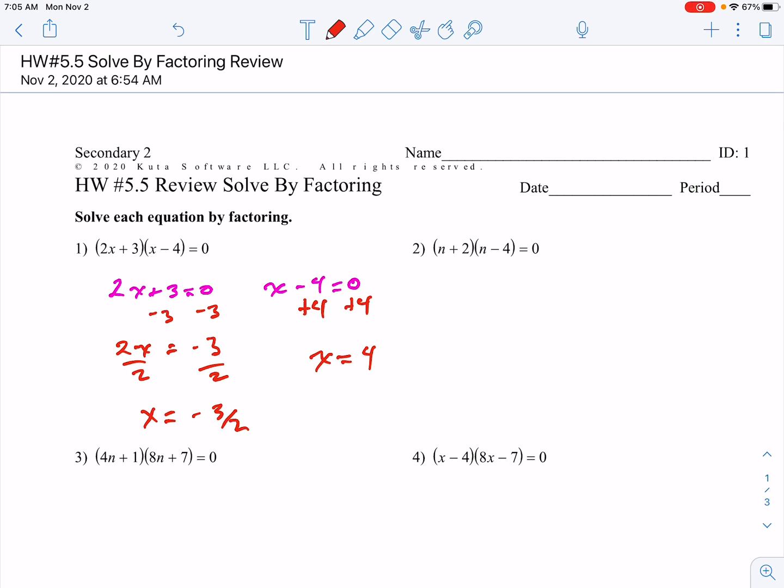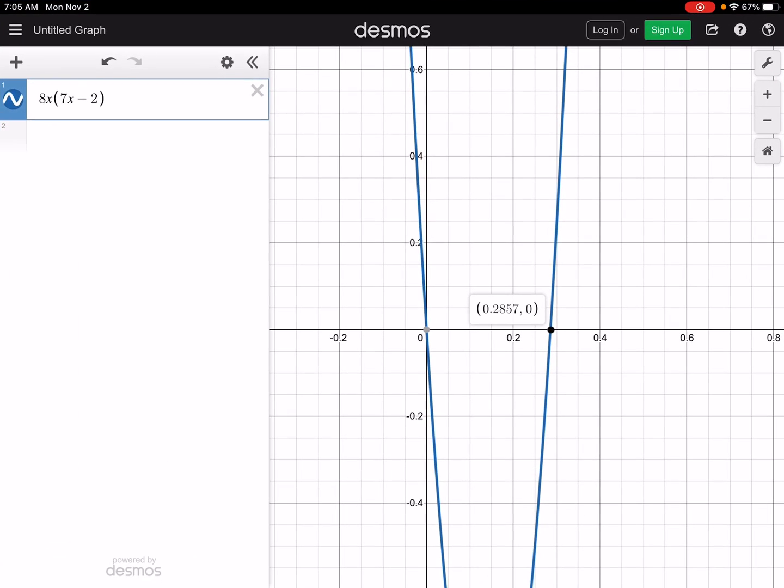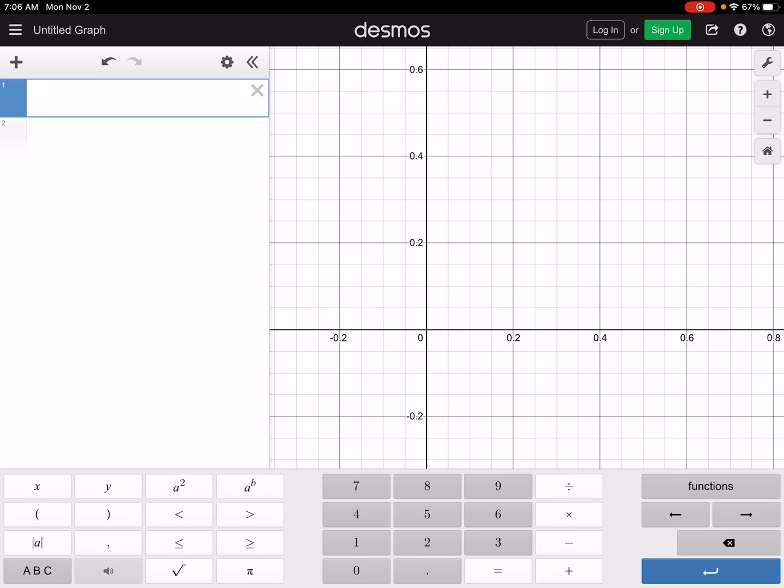If I look at this on the graph, go over here to our graphing calculator and type this in. Let's see, that was 2x plus 3 and x minus 4.